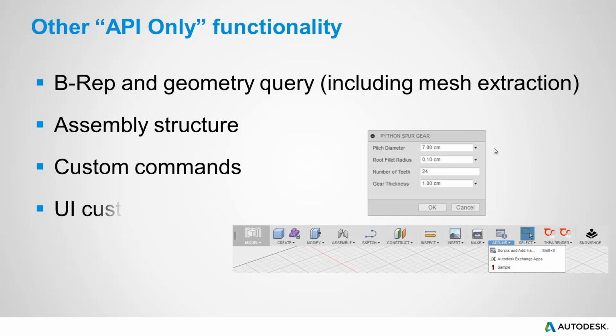And then I can customize the UI, which mainly means I want to add the button that executes that command somewhere into the UI so the user can run that. So I can create a new command and then position a button wherever it makes logical sense in the user interface. And I can access the camera, so I can change the view and manipulate that.